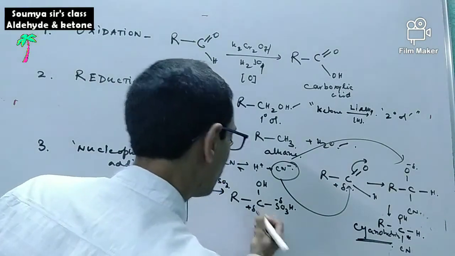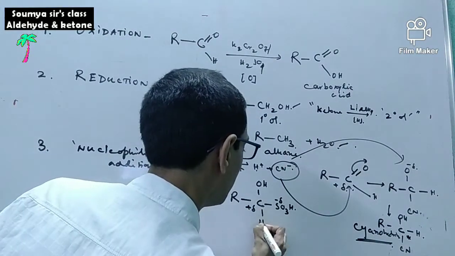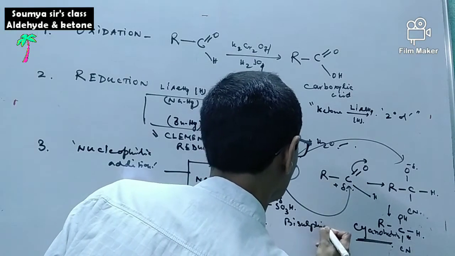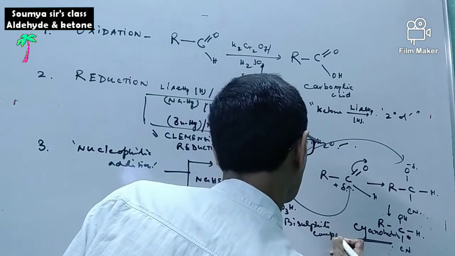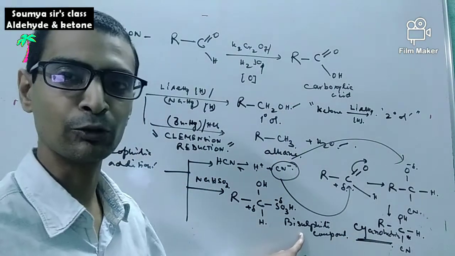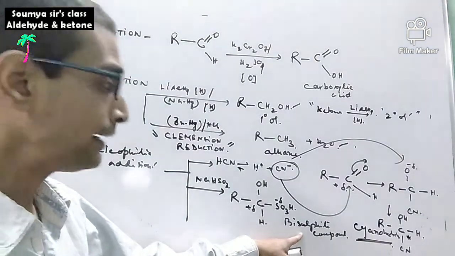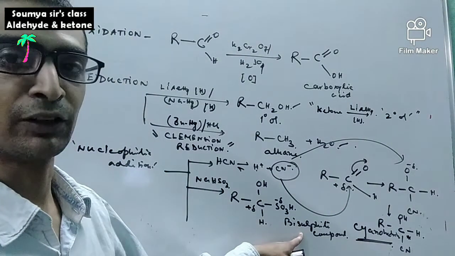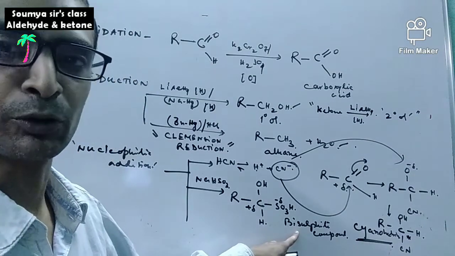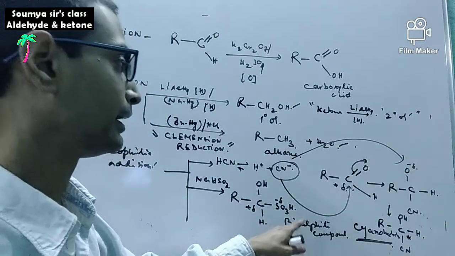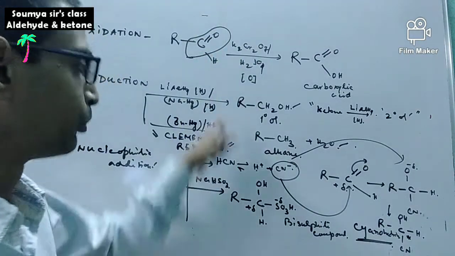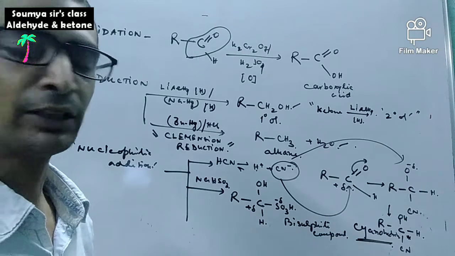The carbon becomes positive delta and the H remains intact. It's called the bisulfite compound. Both ketone and aldehyde give the bisulfite compound. No alcohol and no acid gives this bisulfite compound, but the ketone and aldehyde, as both have this carbonyl group, will both give it.